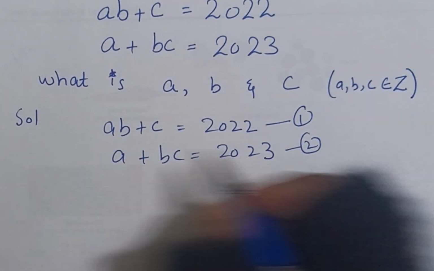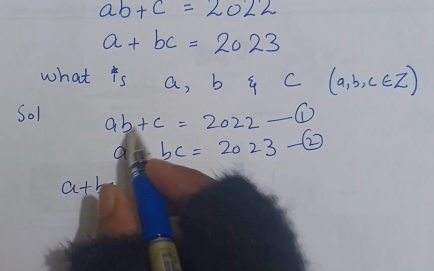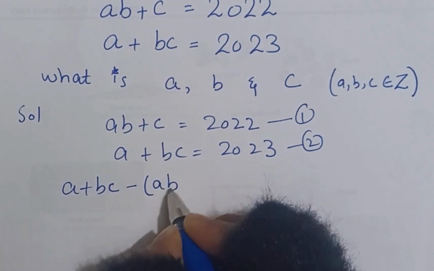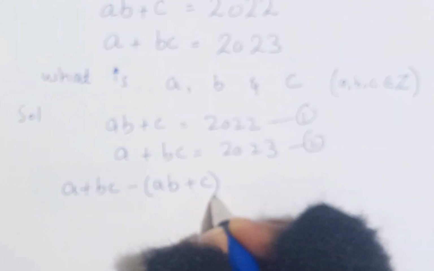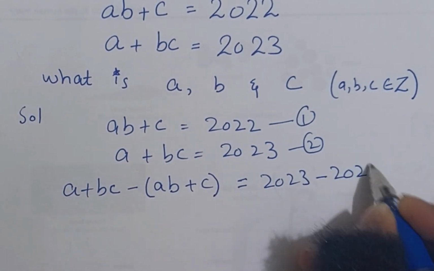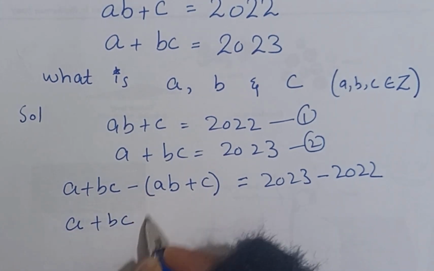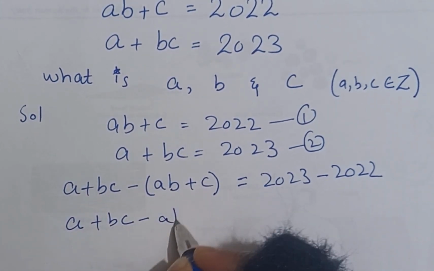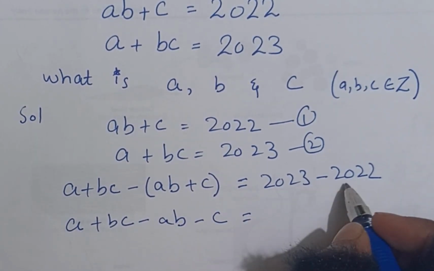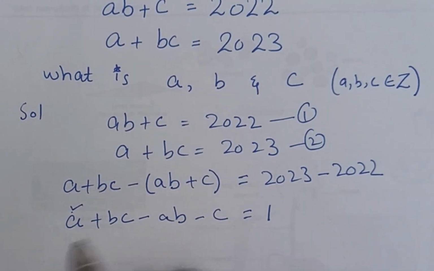If we subtract these equations, then we get A plus the product of BC, subtract AB plus C, on the right 2023 minus 2022. This will become A plus BC minus AB minus C, and 2023 minus 2022 is equal to 1. So in the next step we arrange this equation.